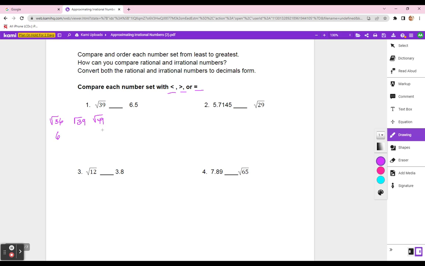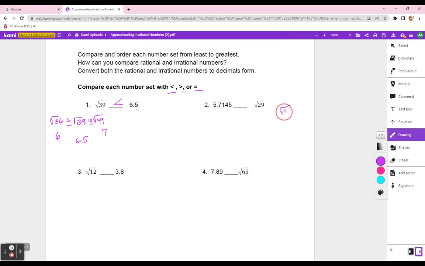Well, this is 6, and this is 7. Well, it's only 3 units away from here. It's 10 units away from here. We know it's not 6.5 because these two numbers are not equal. We know it's less than 6.5 because it's closer to 36. Okay, so it's less than 6.5. That means the square root of 39 is less than 6.5.